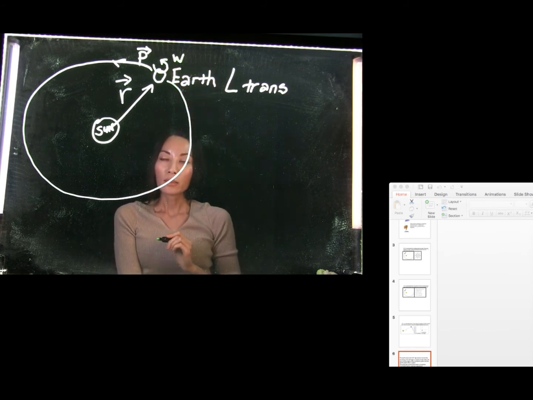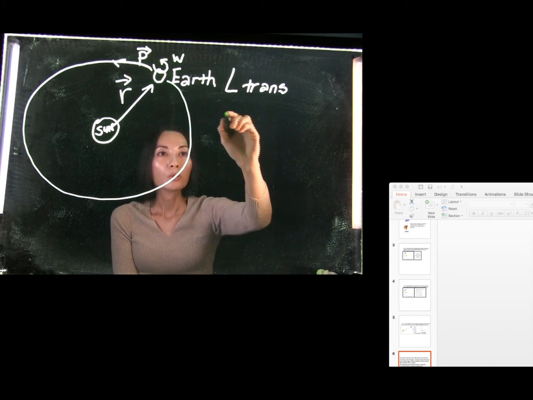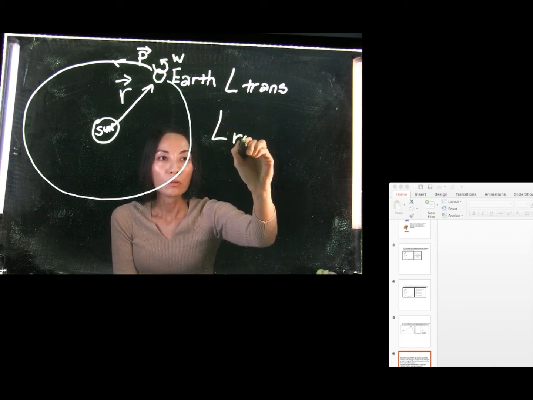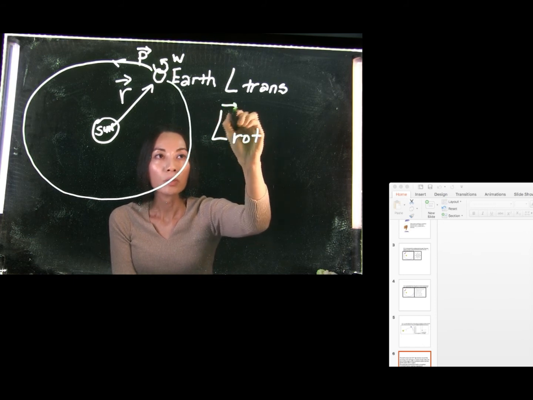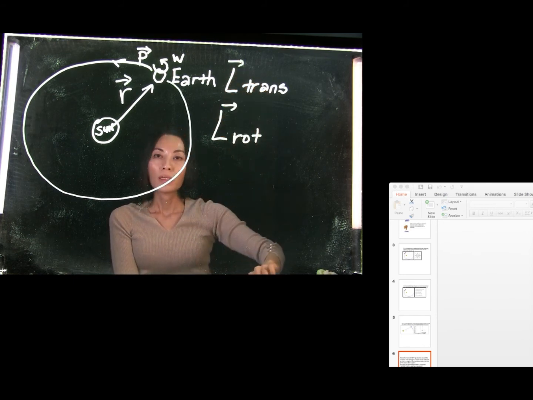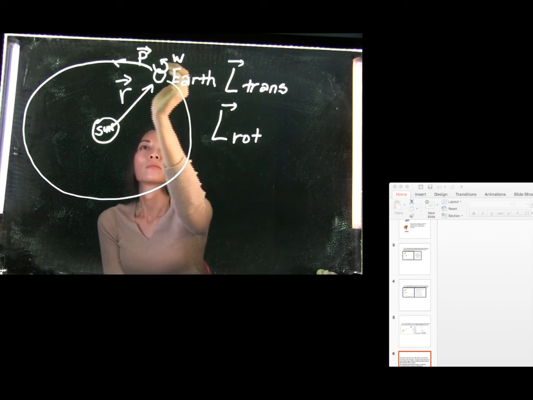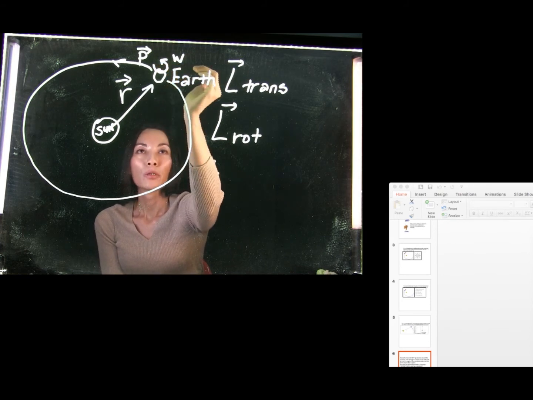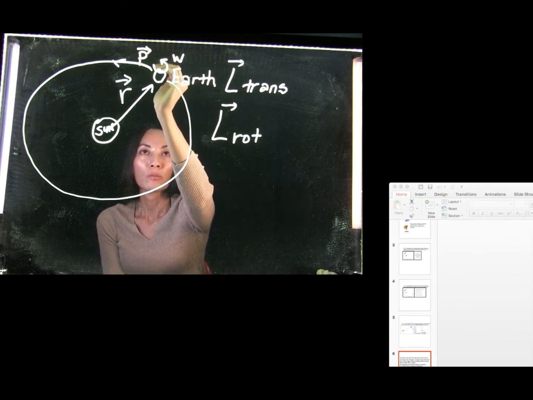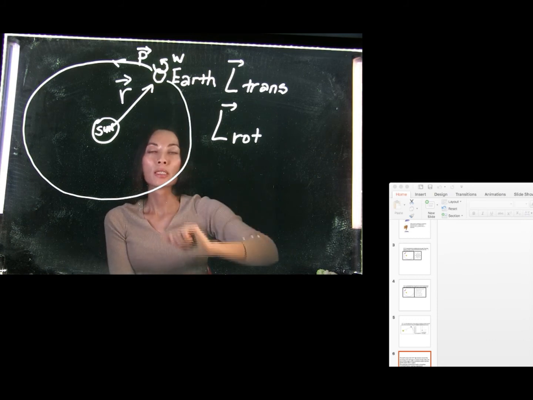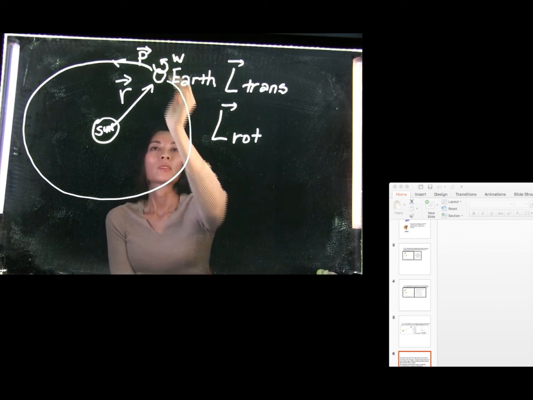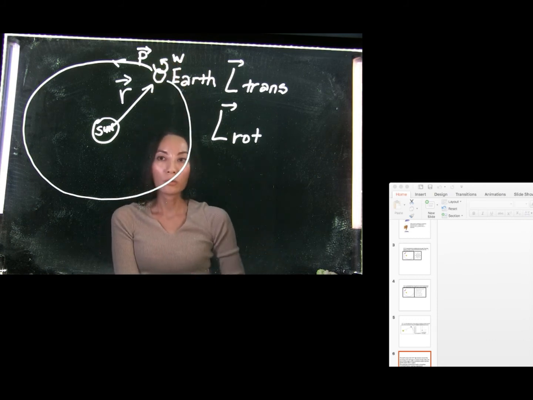So this adds an additional component of angular momentum, which we describe as the rotational angular momentum. If the Earth is spinning with an angular speed omega, we can also use the right hand rule, where we curl our fingers around the direction of motion, and so the rotational angular momentum is likewise also pointed towards me.